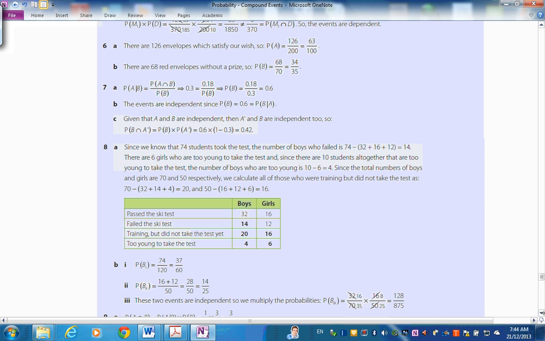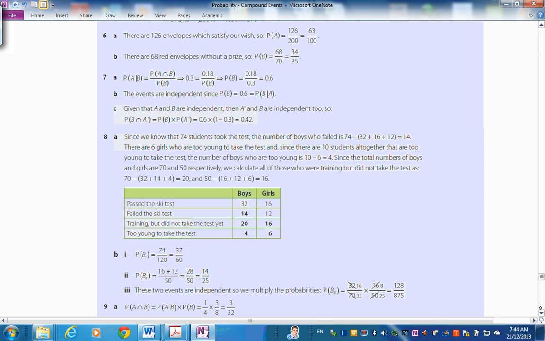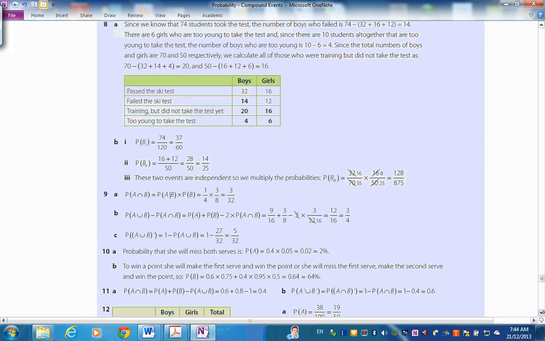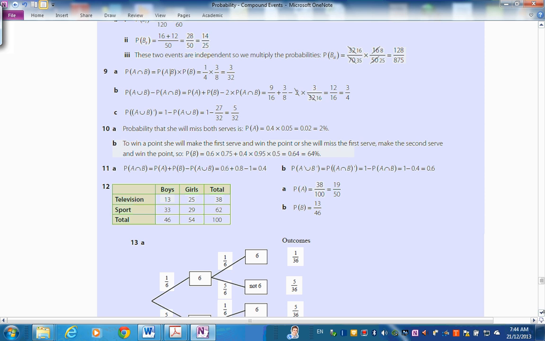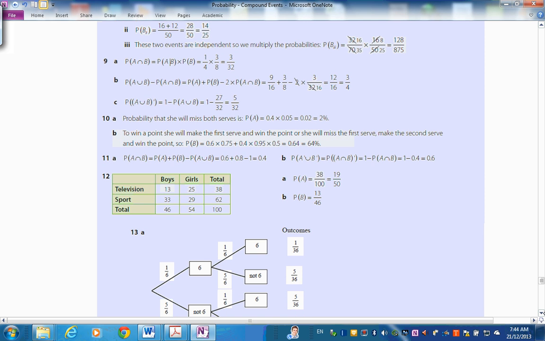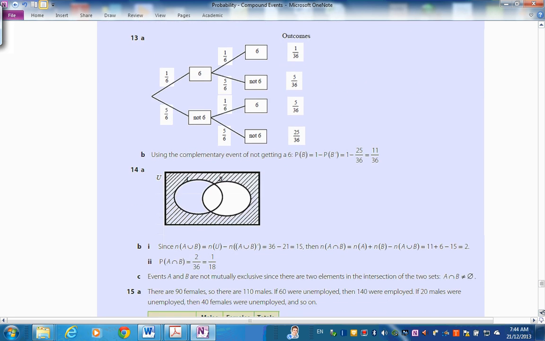We'll see if we can get 6, 7 and 8 on there. Yep, 6, 7, 8. See if we can get all this on. 9, 10, 11 and 12. Thirteen and 14.